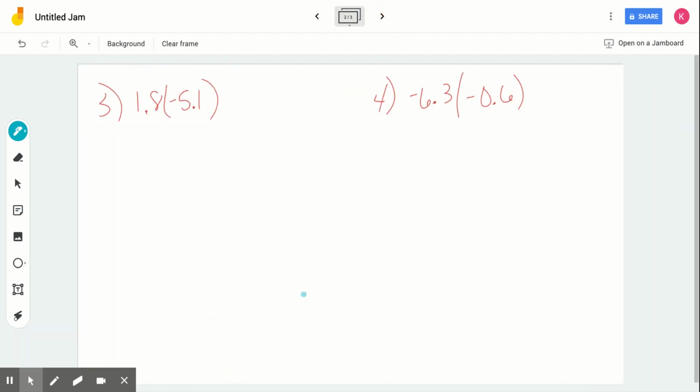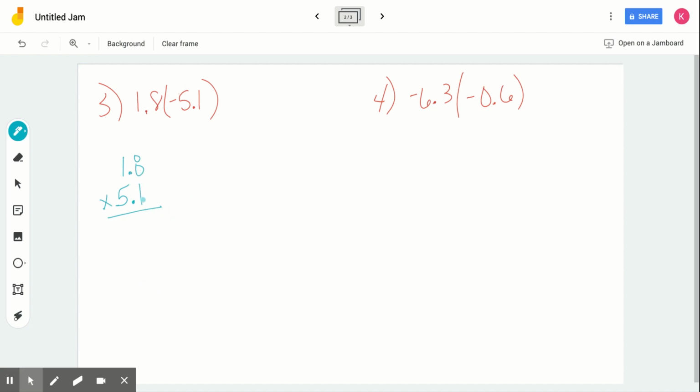Now, number 3 and 4 are decimals. When we multiply decimals, we need to line up the last digits. We don't have to line up the decimal point when we're multiplying, only when we're adding and subtracting.